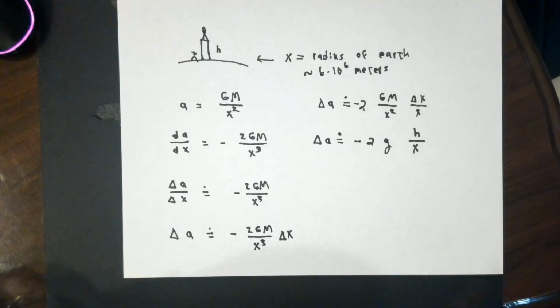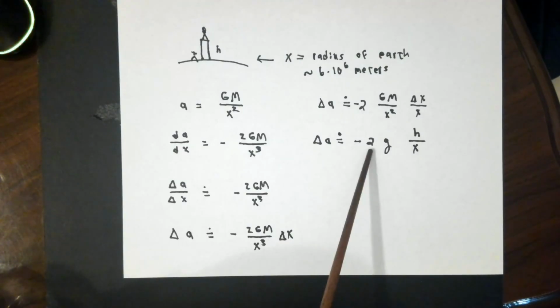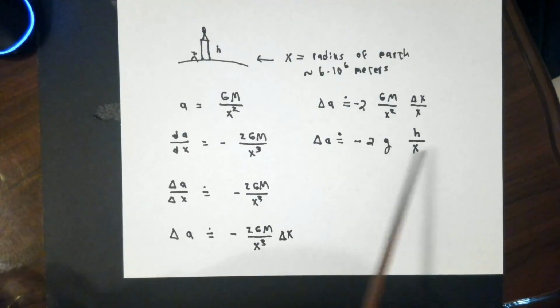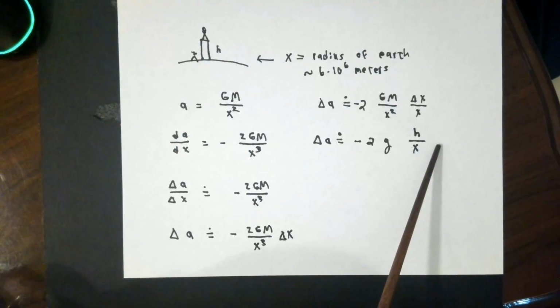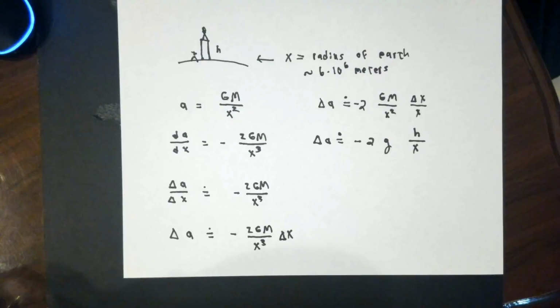The amount that the acceleration increases by is negative 2 times the acceleration due to gravity at the surface of the Earth times the height above the surface divided by the radius of the Earth. The minus sign indicates that the acceleration due to gravity has actually gotten smaller.